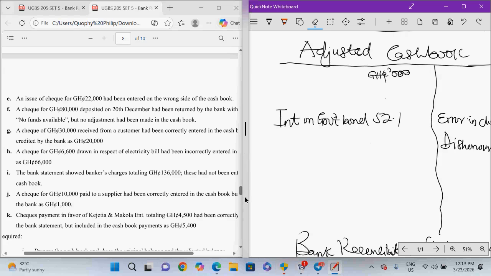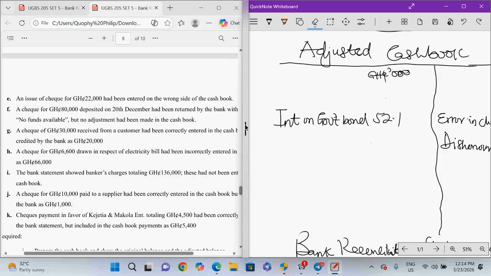The bank rejected it. They said, no funds available. In the process of cashing out, they realized the customer does not have funds in his account. He has deceived you. So they rejected the check.